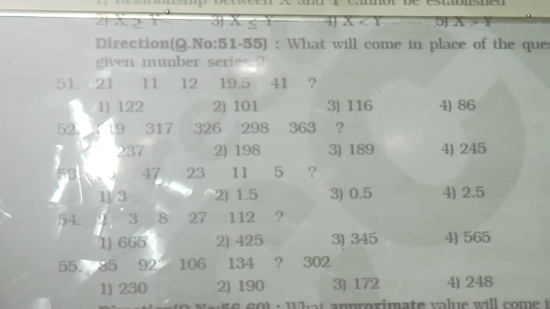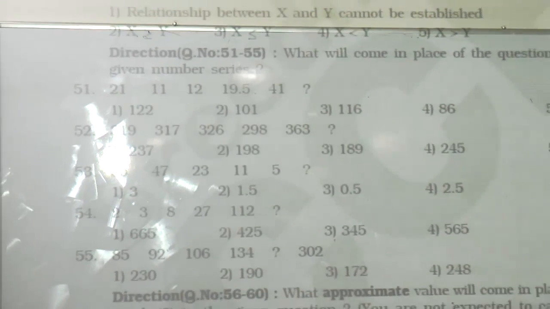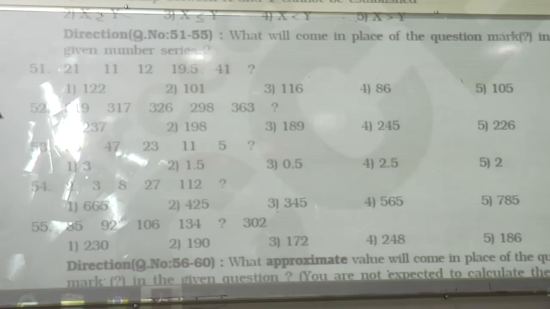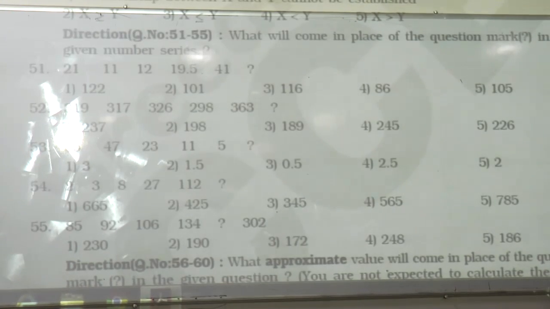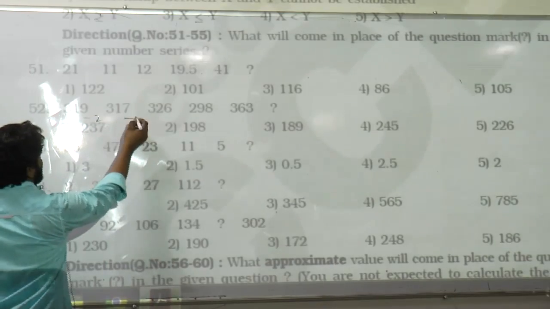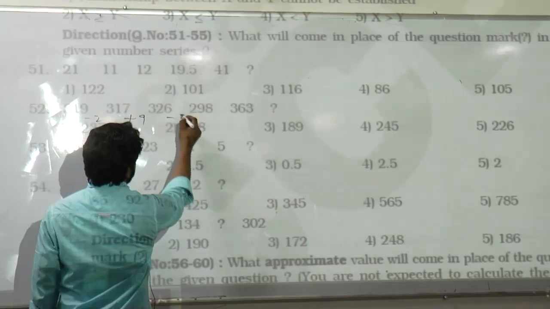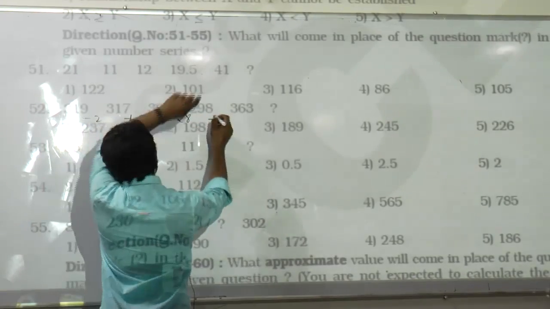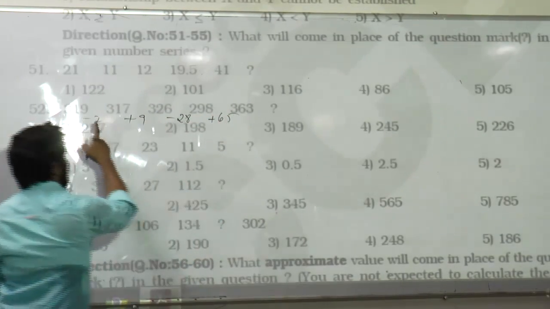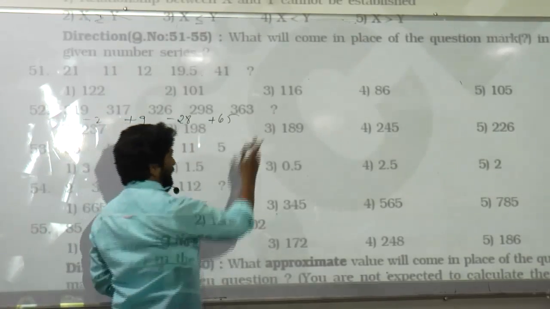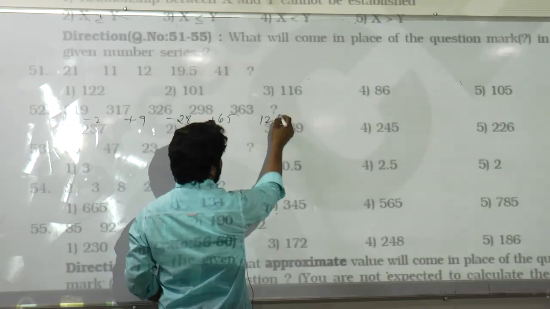51 to 55. 51 is into half plus half, into 1 plus 1, into 1 and half plus 1 and half, into 2 plus 2, into 2 and half plus 2 and half, answer. And this is minus 2 plus 9 minus 28 plus 65. 1 cube plus 1, 2 cube plus 1, 3 cube plus 1, 4 cube plus 1, 5 cube plus 1, 126.